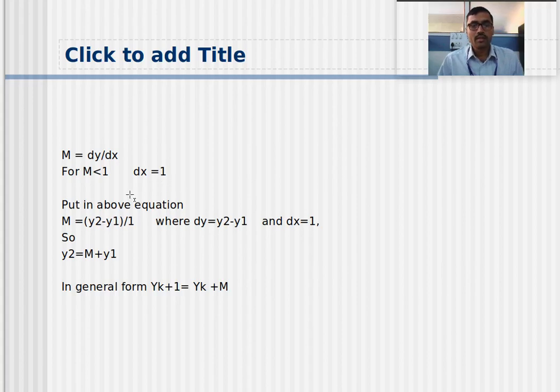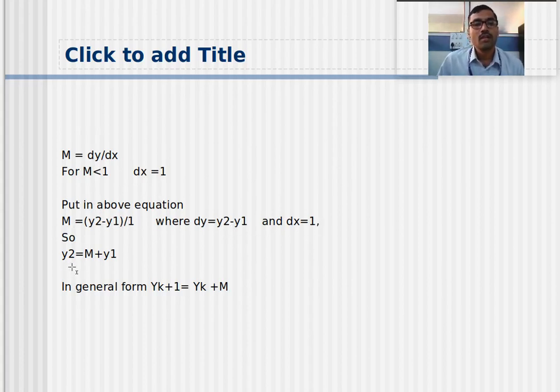We can see, as slope m is equal to dy by dx, for m less than 1, we have an increment in x values, that is delta x is equal to 1. Put in the above equation, m is equal to dy, that is y2 minus y1, divided by 1, as dx is equal to 1.